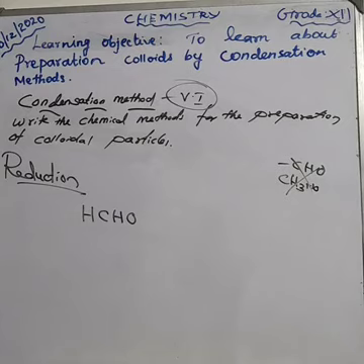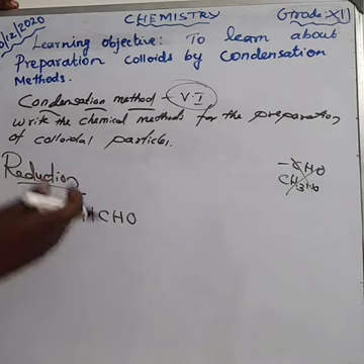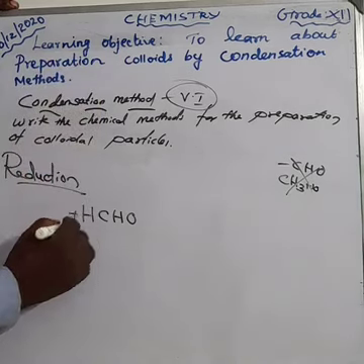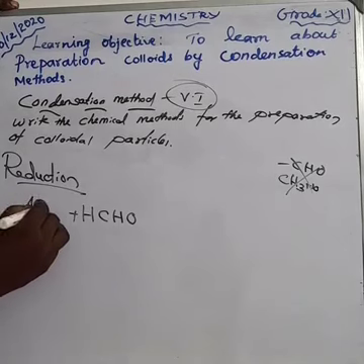Many organic reagents like formaldehyde are used for the preparation of salt by the reduction process. Here we are preparing gold salt. Gold salt is prepared by the reduction of auric chloride. Auric chloride means gold chloride.